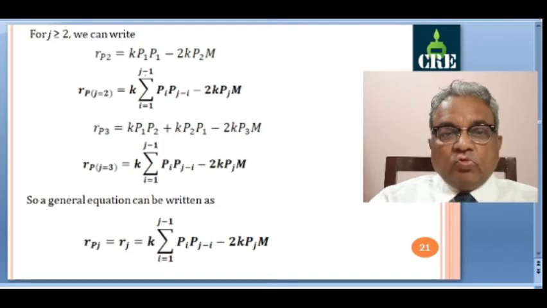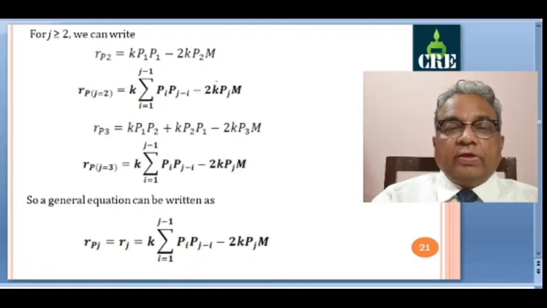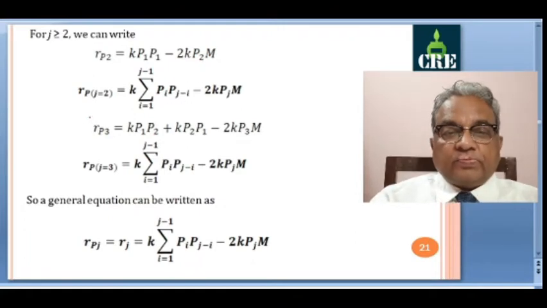So when j is equal to 2, j minus 1 is equal to 1. So this is only for i equal to 1. So i is equal to 1, P1, and j minus i is 2 minus 1, that is P1. So P1 P1. So we have written this in terms of counters.